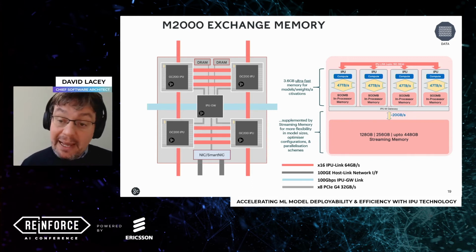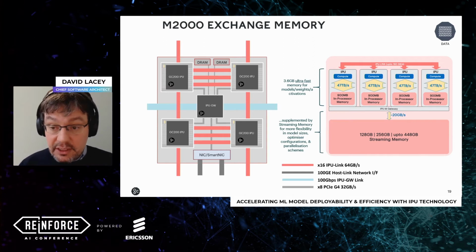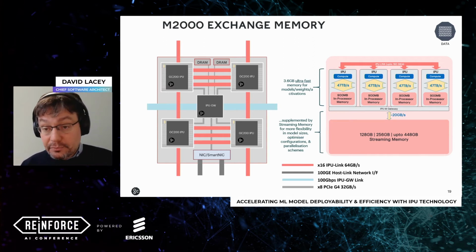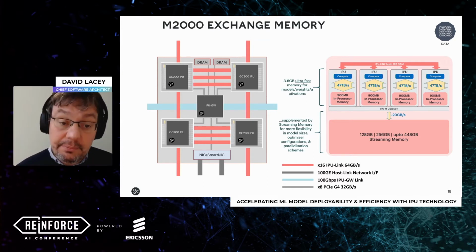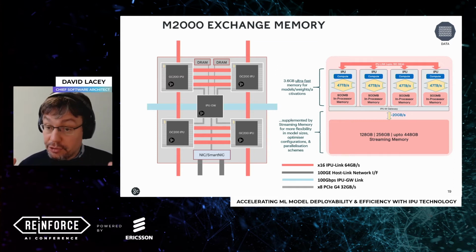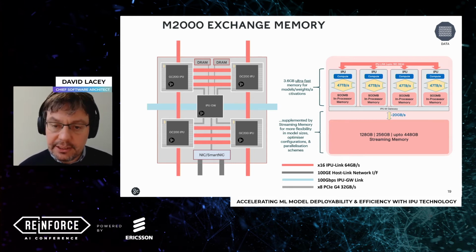So we get a really nice balance for compute here. We get a large amount of very, very fast to access in-processor memory, which gives us high compute, and then we get capacity. We get a very large amount of off-chip memory to give us the room to store very large models, for example, which is very key to machine learning nowadays.